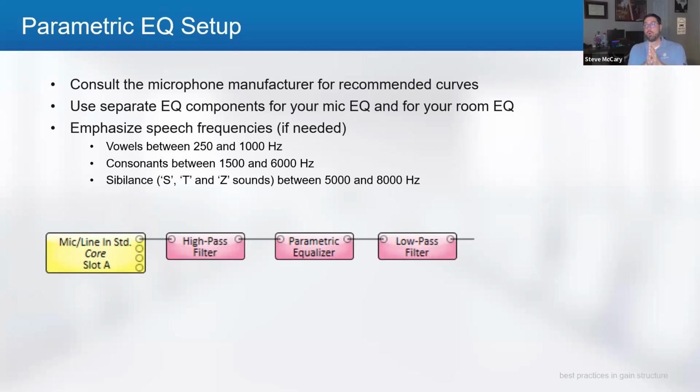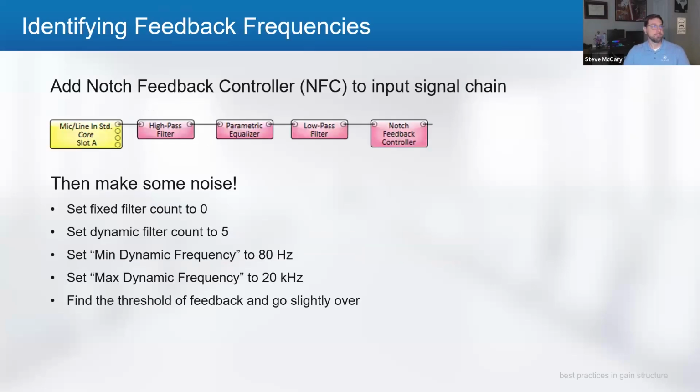So if you're struggling hearing people's vowels, if you're struggling hearing their consonants or their sibilants, which are those S's and T's and Z's, these are just some frequencies where you can start to try to boost or cut off a little bit to make sure that it sounds very smooth when they talk.